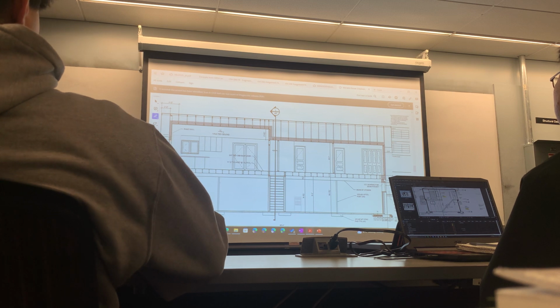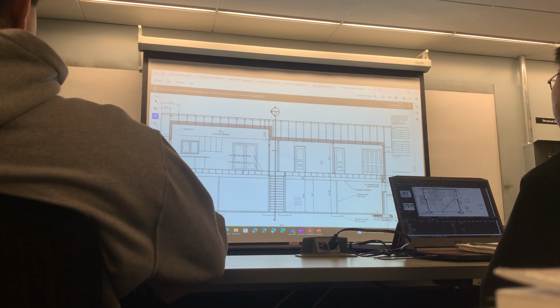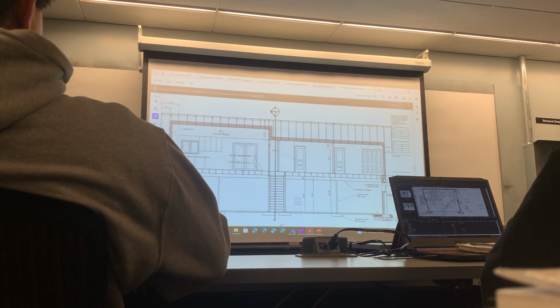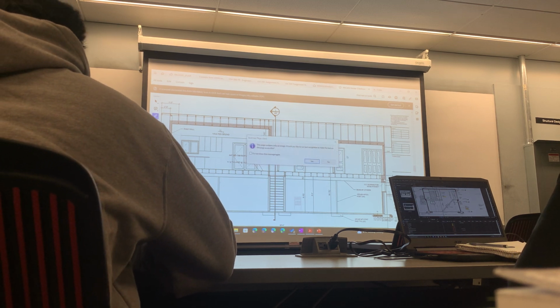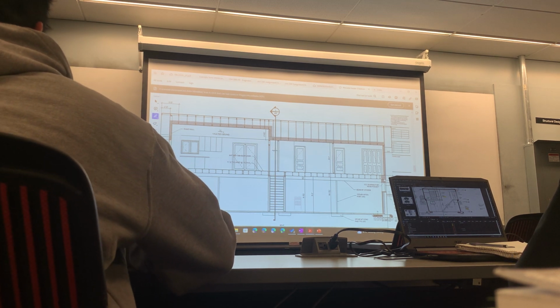now you've got a different section, and you've got 8'1" from the top of the floor to the top of the wall, which includes 3 plates, 2 top plates and a bottom plate. Now the vaulted ceiling here, what does that do to the wall? What happens to the wall here?